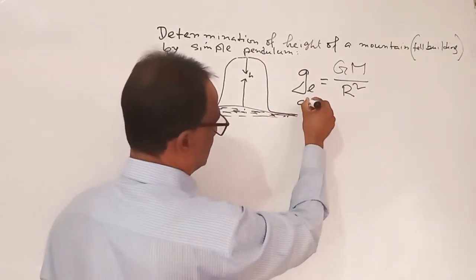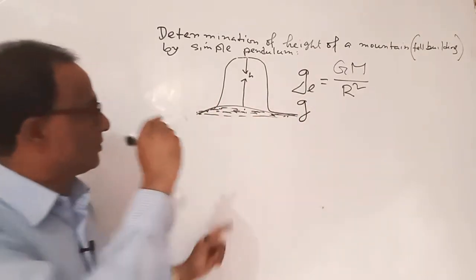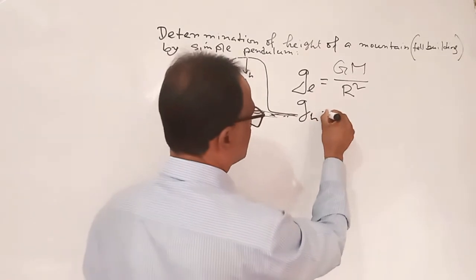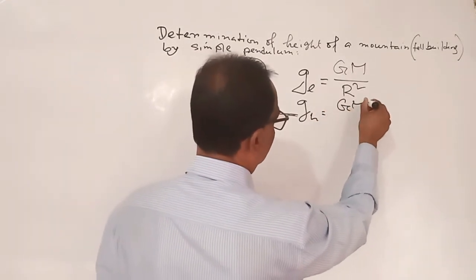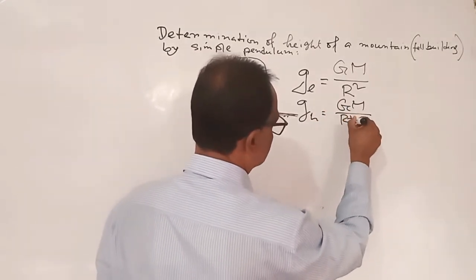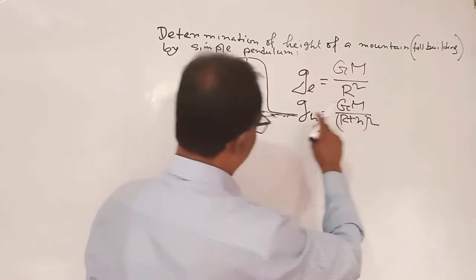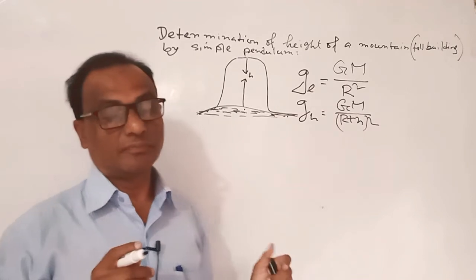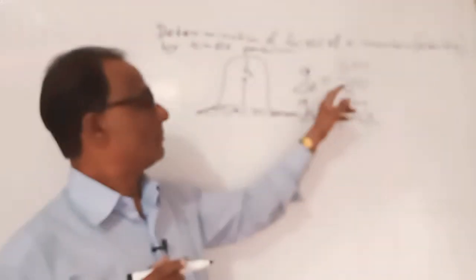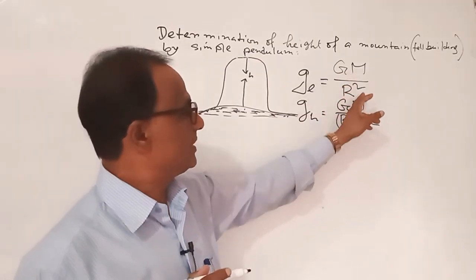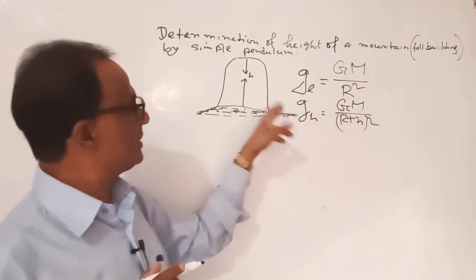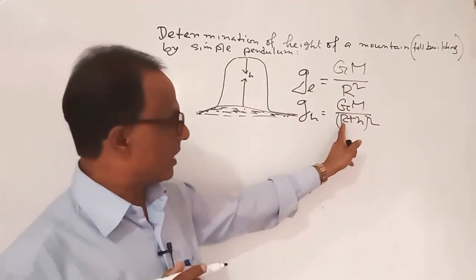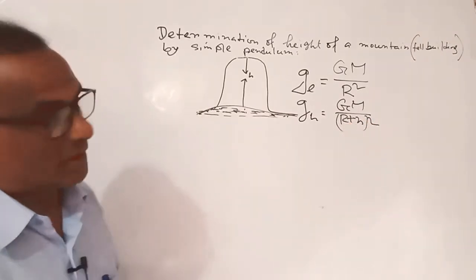Again, at the top of the hill, the acceleration due to gravity is gh equal to GM by (R plus h) whole square. In the equation we have simply written R, and at the top of the hill it has been written R plus h the whole square.